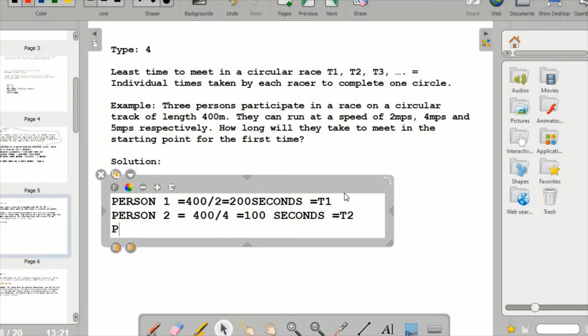Then person 3: 400 divided by 5 is equal to 80 seconds. So we can assume it as T3.